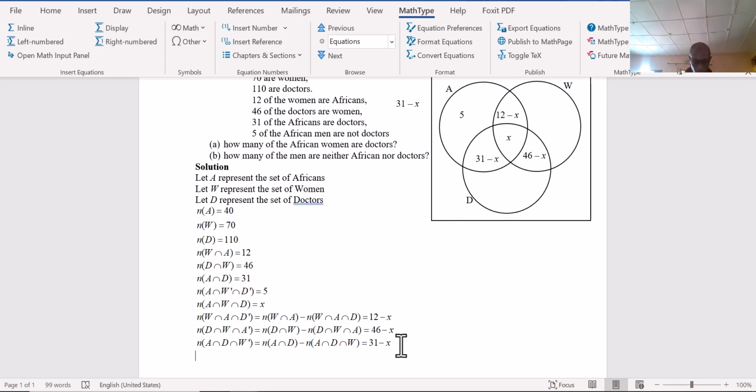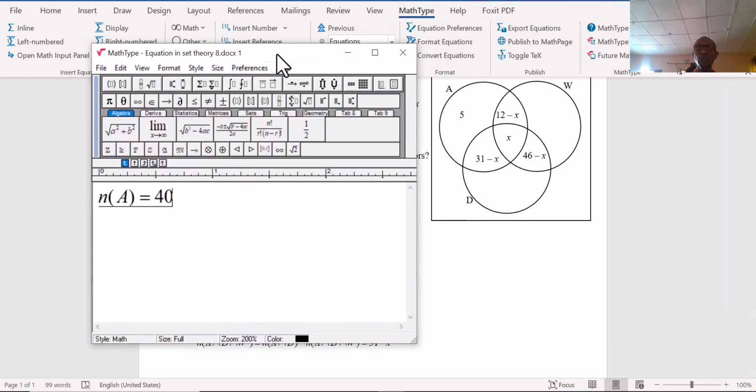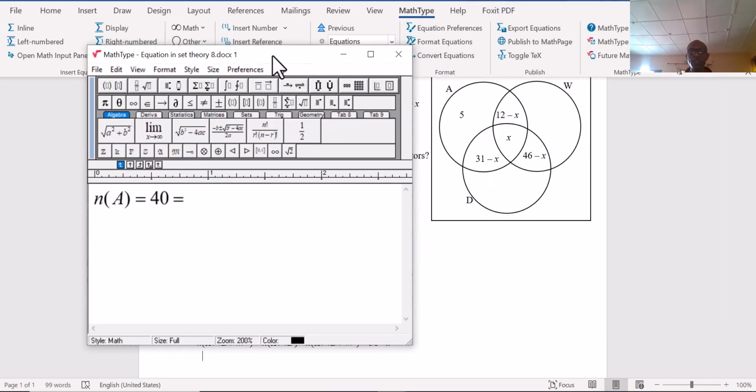So we have n(A) equals 40. Now you look at the circle very well. For A, you have 5 plus 12 minus x plus x plus 31 minus x.